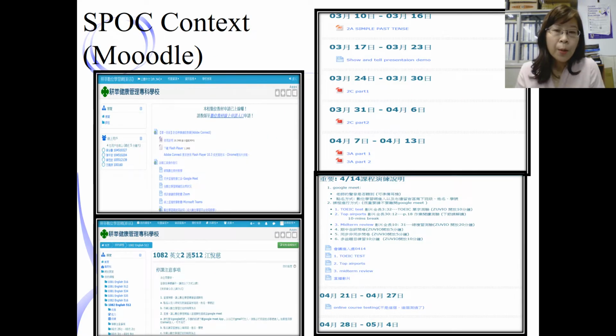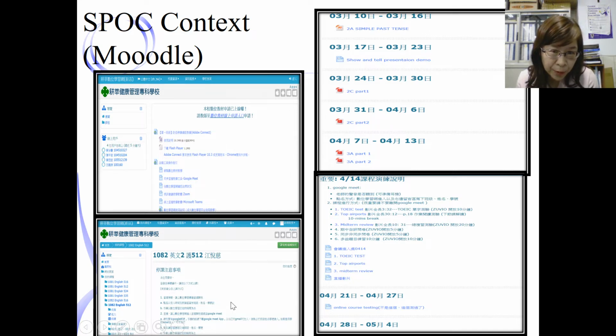Here we can see the SPOC context in Moodle. Sorry about that, this is all in Mandarin Chinese, so I will just talk a little bit more about this. This is the platform, the front page of Moodle.